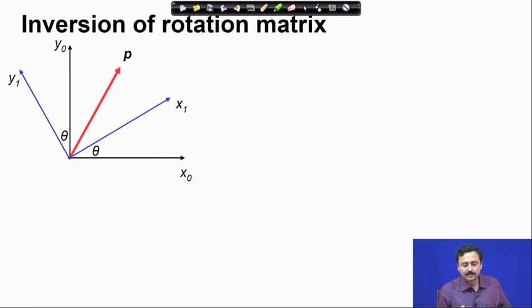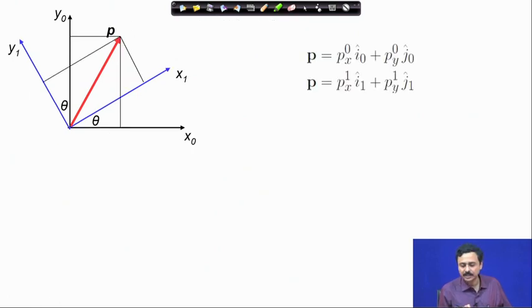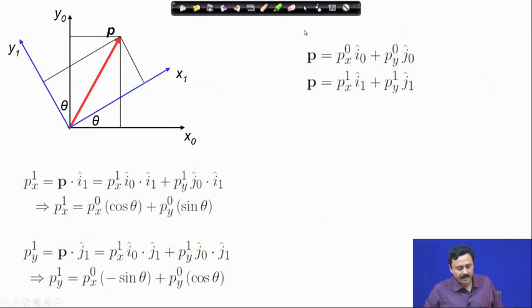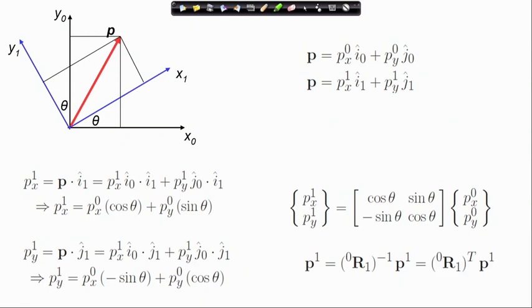Now, when we invert the rotation matrix, it is just the opposite thing that you do. You start with the vector representation in the two frames. Now, you do a dot product with I1 cap to get P x in frame 1. So, that is the only difference. Now, if you proceed this way, similarly you will get P y 1, and therefore, finally, you can represent this vector P in frame 1.